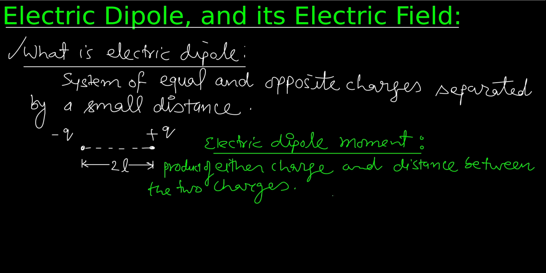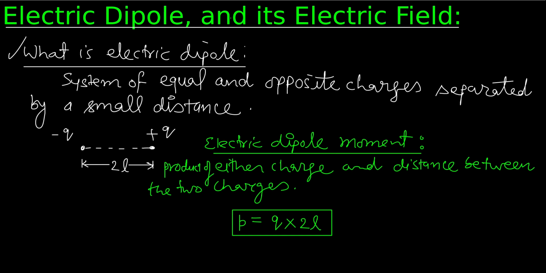This is usually represented by a lowercase p. It is equal to the product of either charge, which has the same magnitude q for both charges, multiplied by the distance between these two charges, that we have taken as 2L. So the dipole moment is defined as p equal to q times 2L.